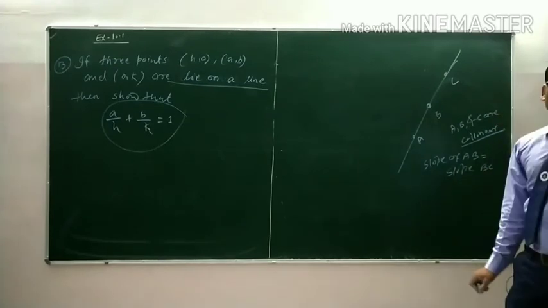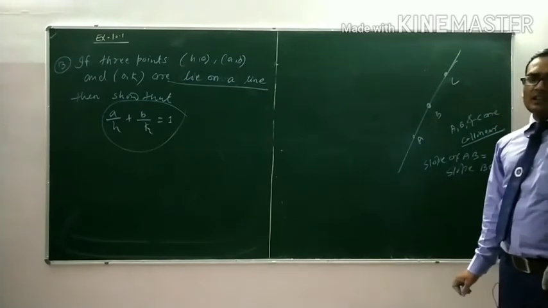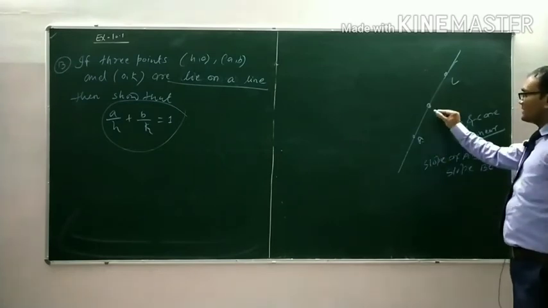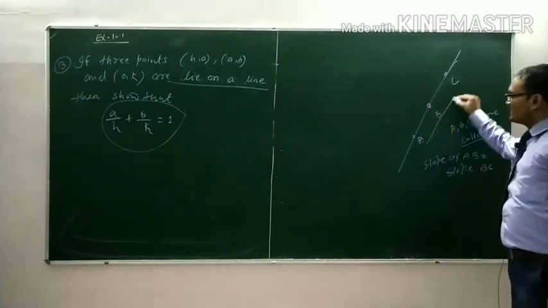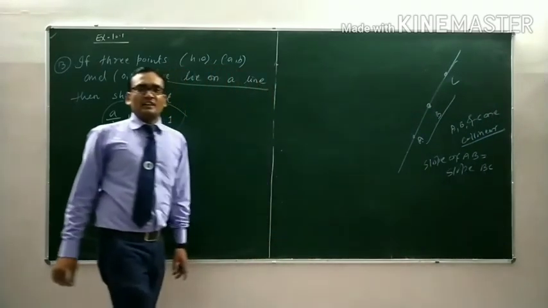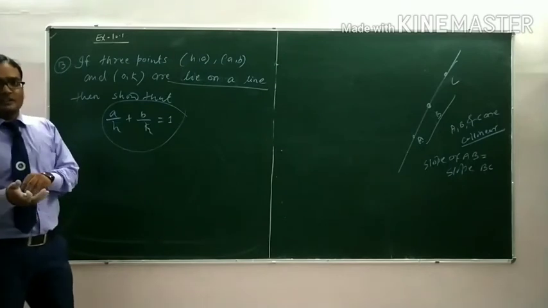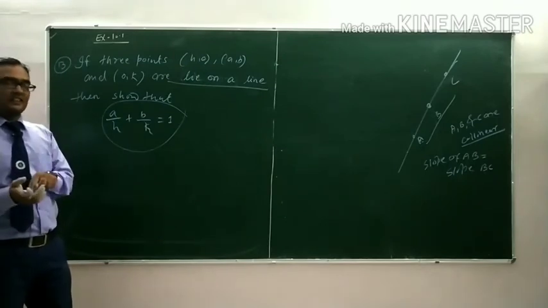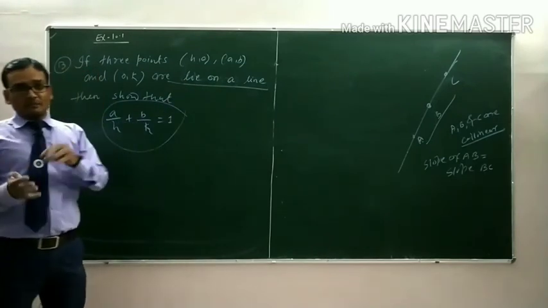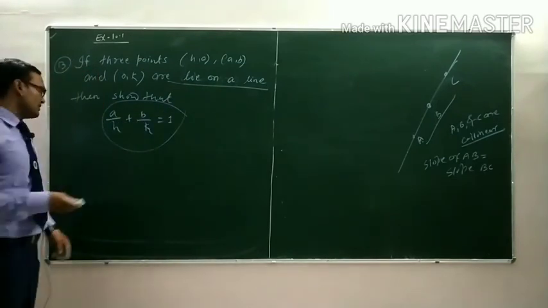In this question it is not mentioned that the points are collinear, but it says they lie on a line, which means the points are collinear.